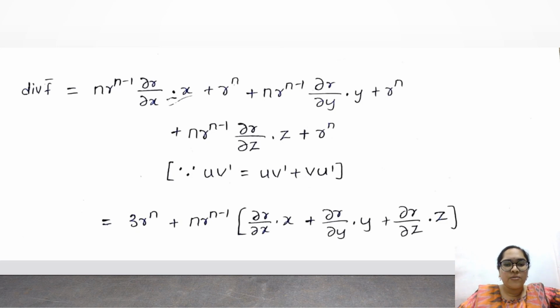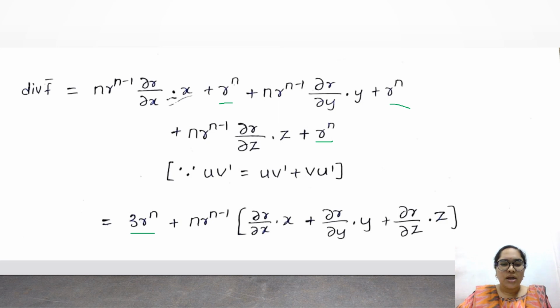We get 3 r power n's, so we add these and write 3 into r power n. Then we take n r power n minus 1 common from the rest, and here we have dou r by dou x into x plus dou r by dou y into y plus dou r by dou z into z.